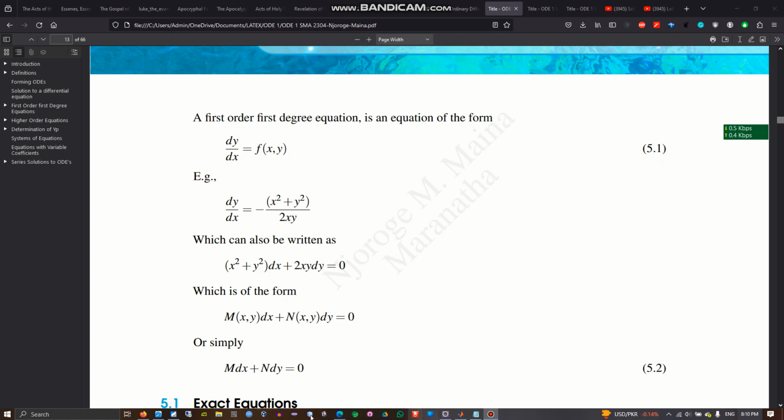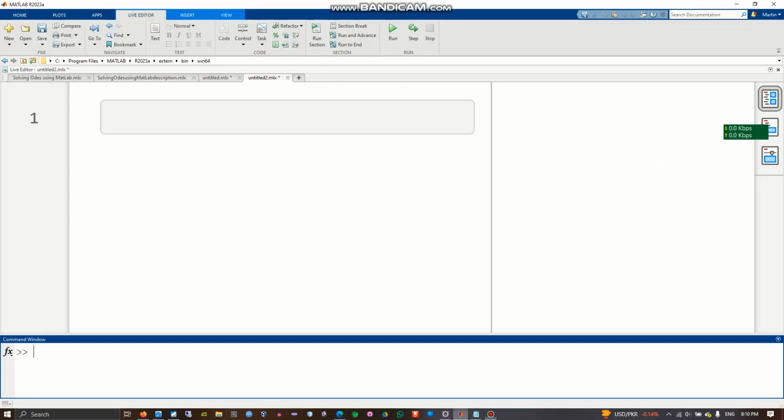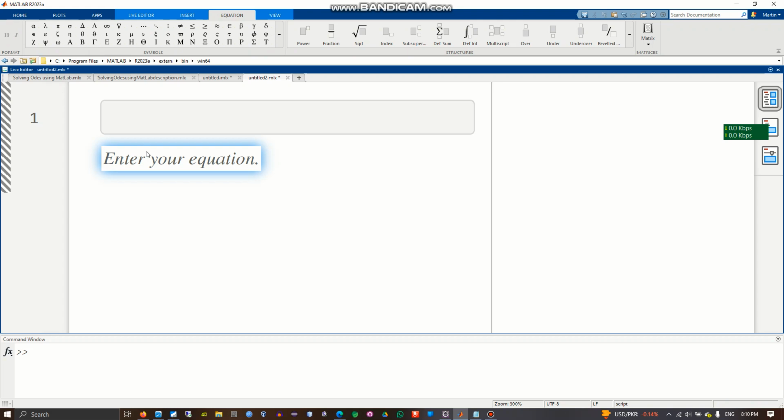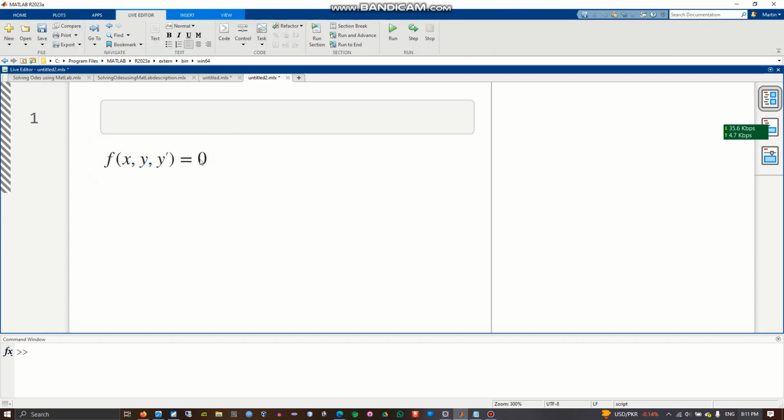So the general form of a first order, first degree equation is usually written as f of x, y, y prime equals 0.